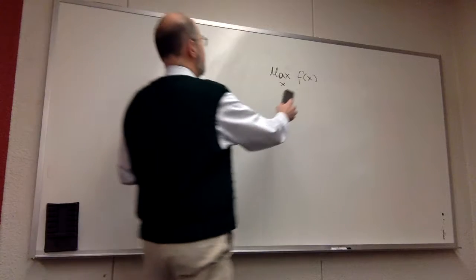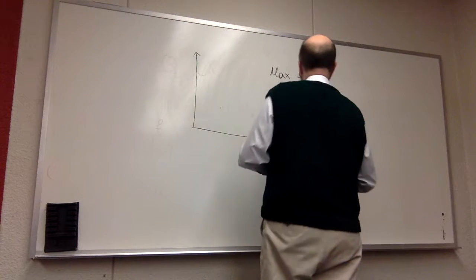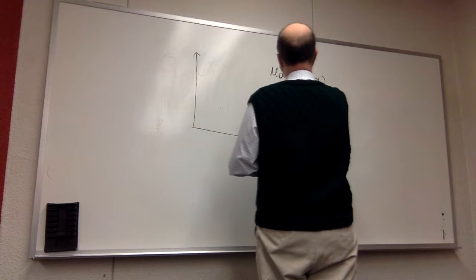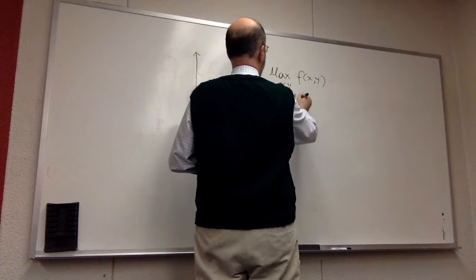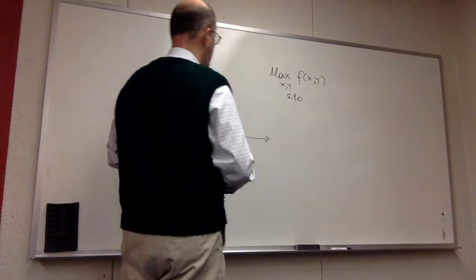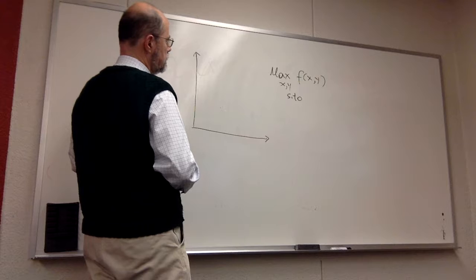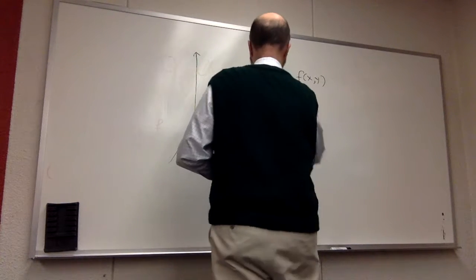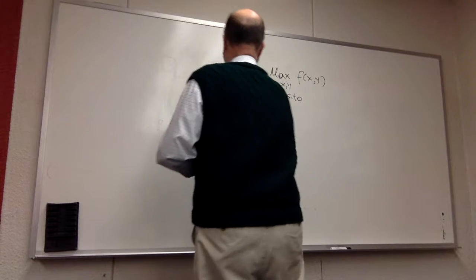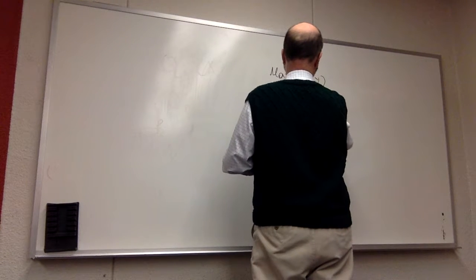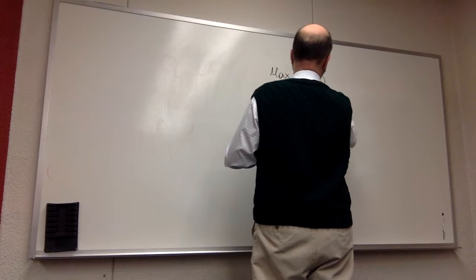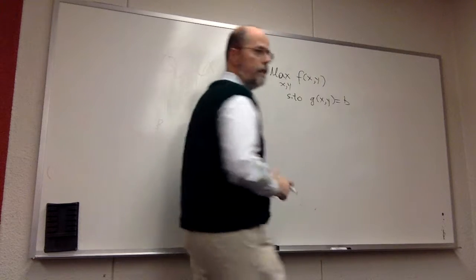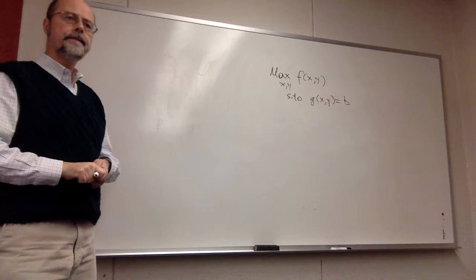Okay, so suppose that we do it this way. I have two variables to do the maximization, and I have a constraint that goes something like g(x,y) = b. All right?